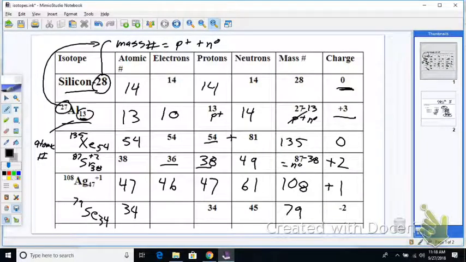I know it's a minus 2. And so I'm left with electrons. And so I have to have 2 fewer or 2 more? 2 more, 36. Got everything. Okay? So now we can determine charge from the number of electrons and protons. Those are called ions. They'll come later.